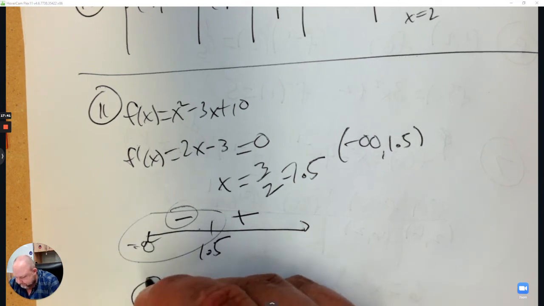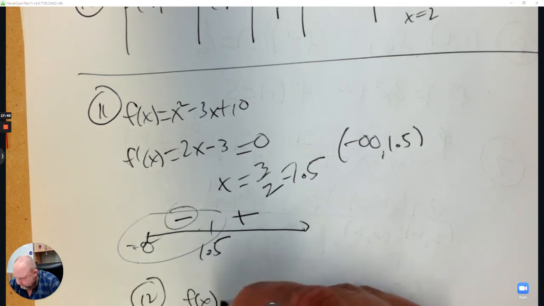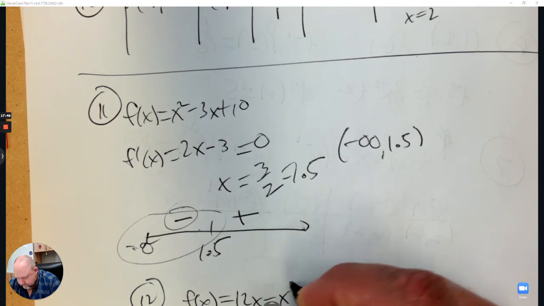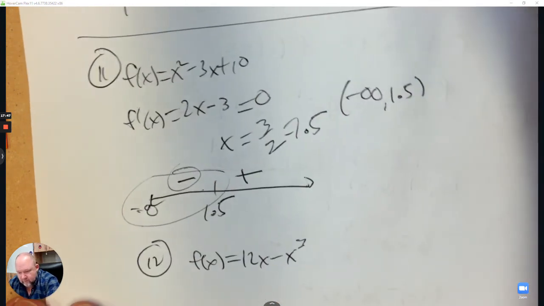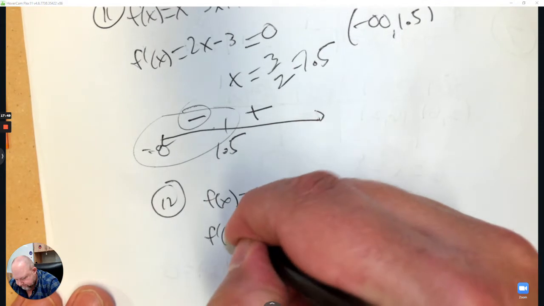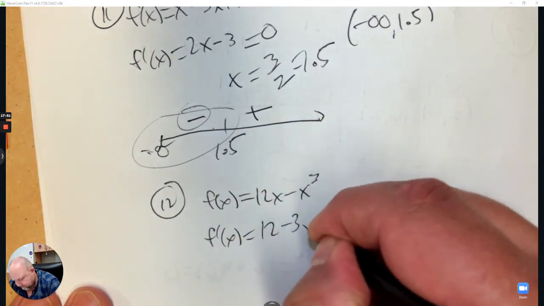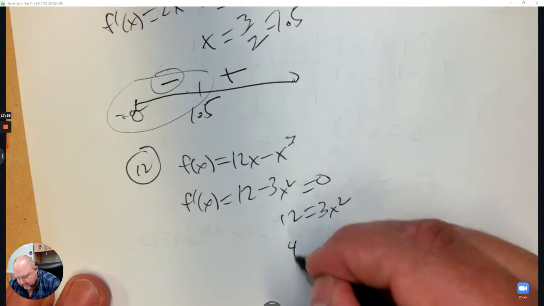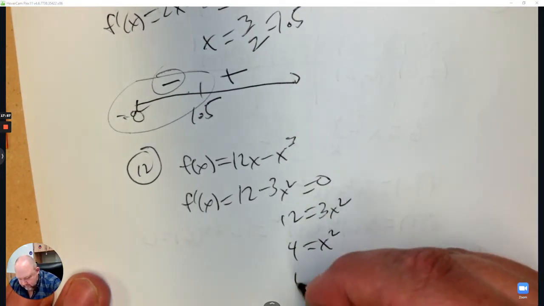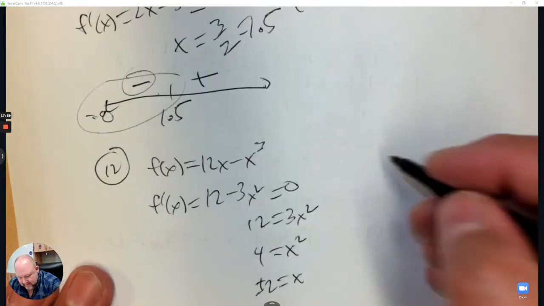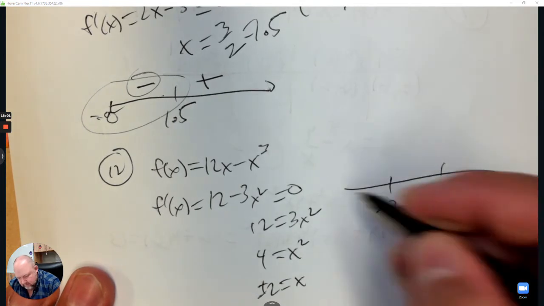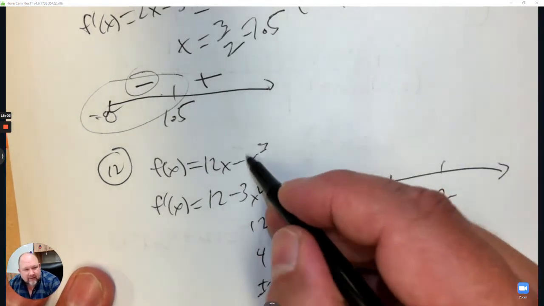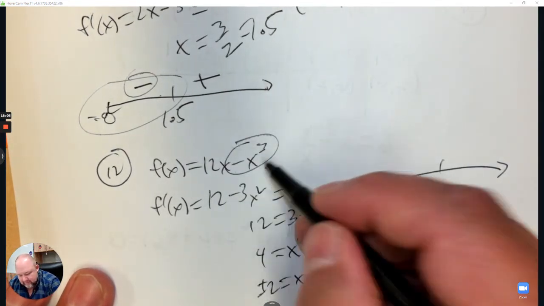Number 12. So I'm going to take the derivative equal to 0. I'm going to add 3x squared, divide by 3. And then when I square root, I get positive and negative 2. The power term is negative x cubed.